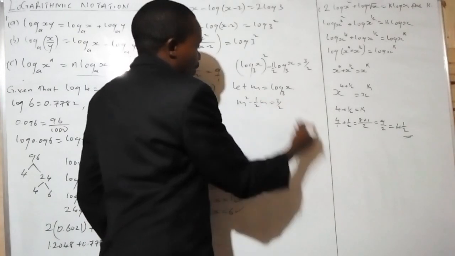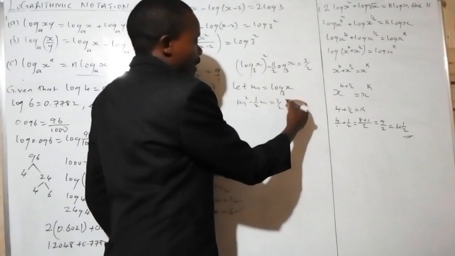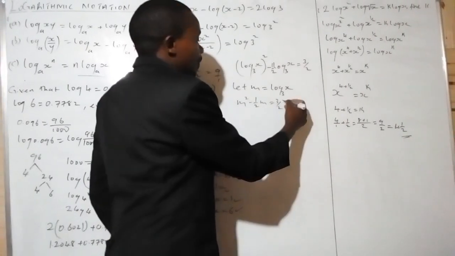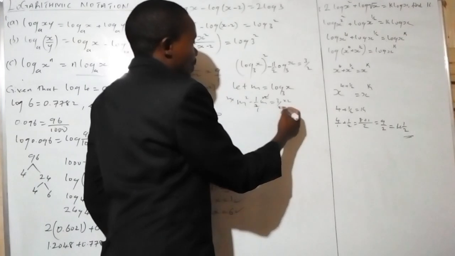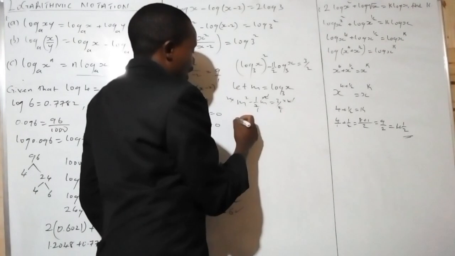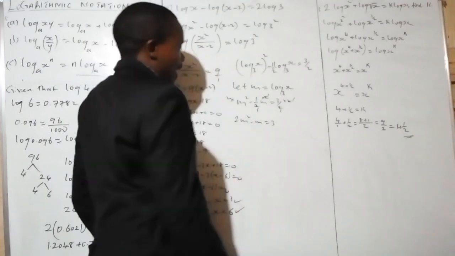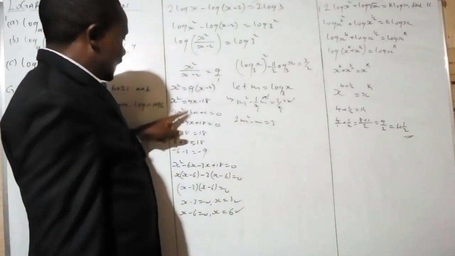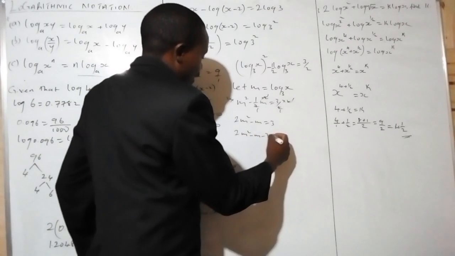Then you can get the LCM of 2 and 2, which is 2. Multiply through by 2, and we have 2m squared minus m is equal to 3, in the form of a quadratic. So we have 2m squared minus m minus 3 is equal to 0. 2 times 3 is 6.